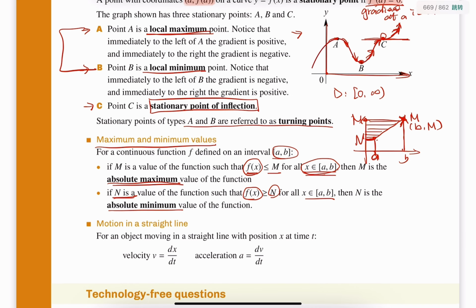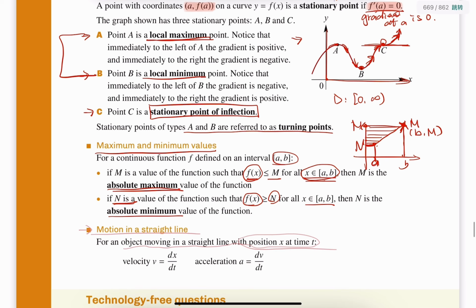And then it relates to motion in a straight line, which is something related to physics. If you have an object moving in a straight line with position x at time t, then velocity, which is speed with a direction, is equal to dx/dt.